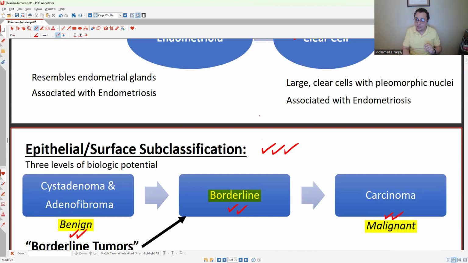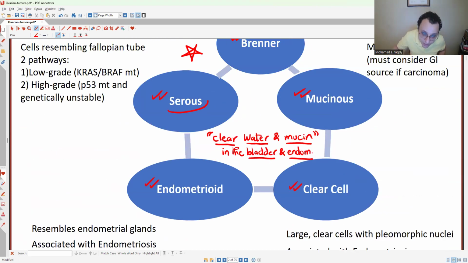Let's apply this. So let's say we talk about serous epithelial tumor, where we will have benign serous cystadenoma, borderline serous tumor, and serous carcinoma. If we talk about mucinous, we will have mucinous cystadenoma, borderline mucinous tumor, and mucinous cystadenocarcinoma, which is the malignant.